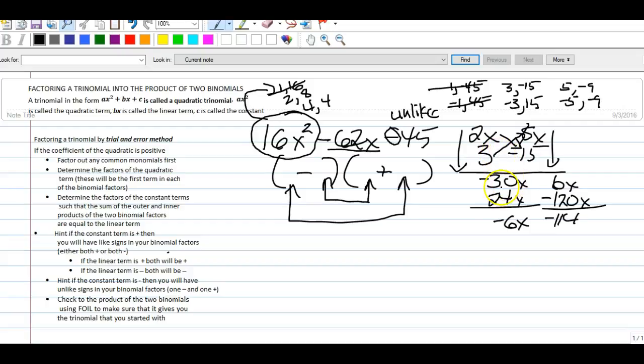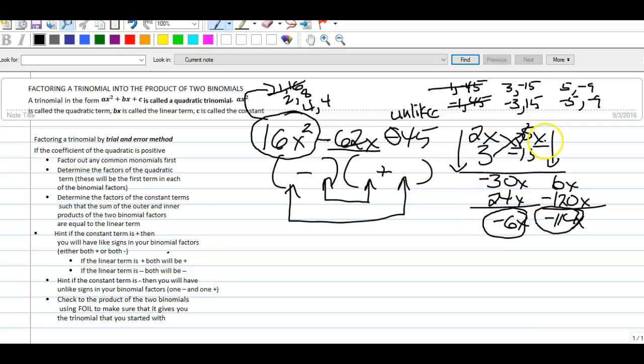I really don't need to do that, because if I flip-flop the signs of these two, it's just going to give me these two products here, but with the opposite sign. So making this a negative 15 and that a negative 3 and that a plus 15 will give me a plus 6x and a plus 114x.